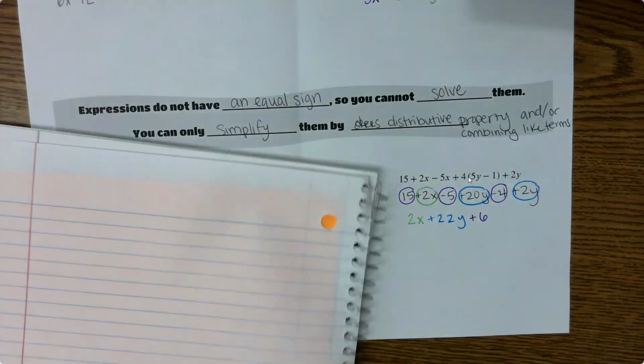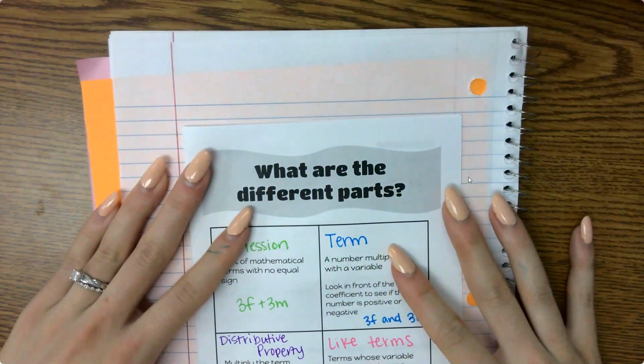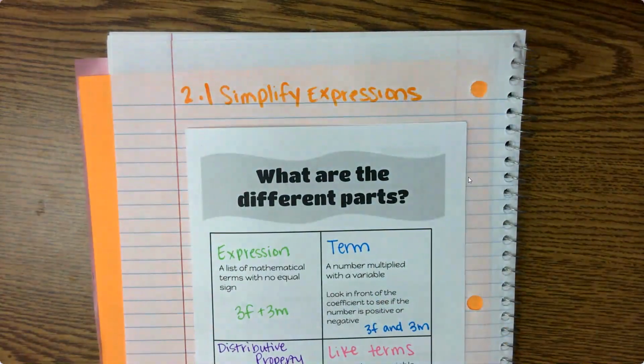We're going to turn our notebook to the next page. And directly after this orange unit divider, we're going to glue in our notes and add a title. Glue them in and add the title.